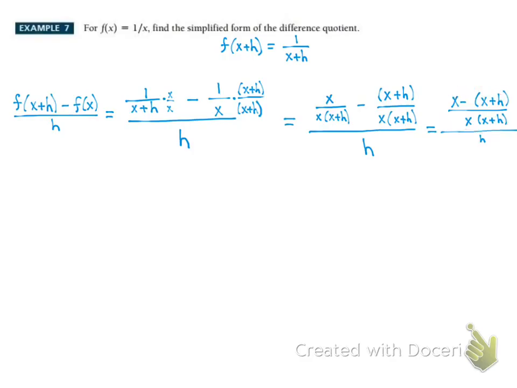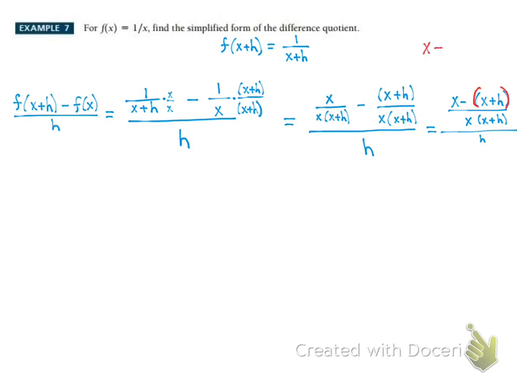And so we get this. So remember, when you're subtracting fractions, all you do is subtract the numerators from each other, which I've done here, and then you just keep that one common denominator, which you can see I've done here. Now, because we're subtracting fractions, it's very important that I put parentheses around this x plus h.